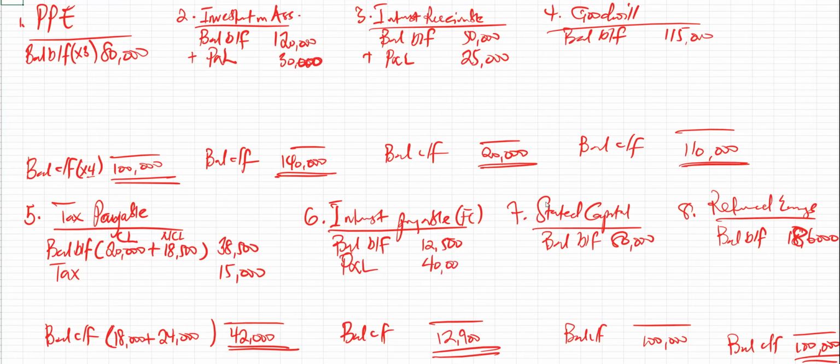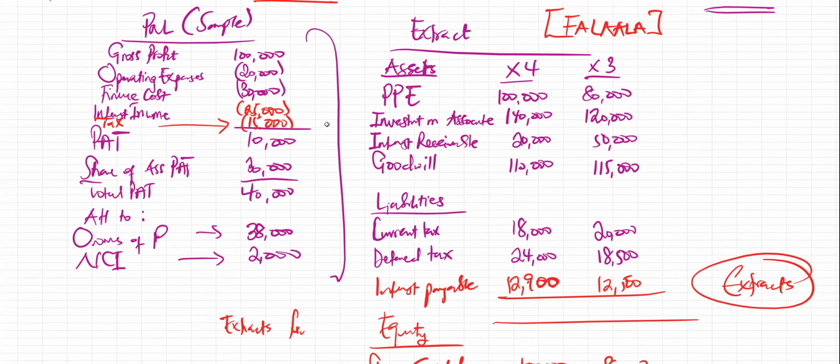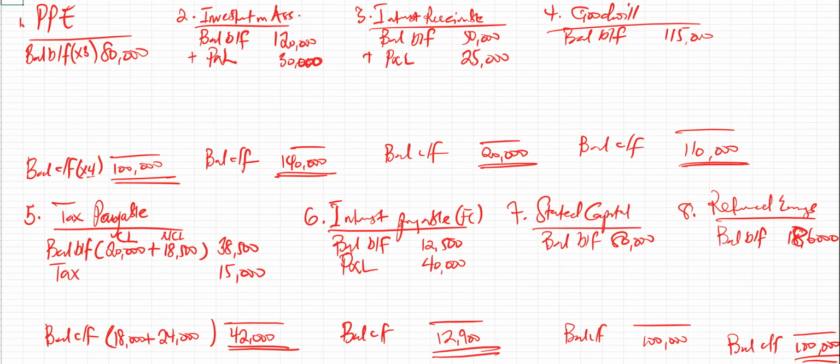It was the interest income that we split. So finance cost was 30,000. Then was there anything concerning stated capital? No.